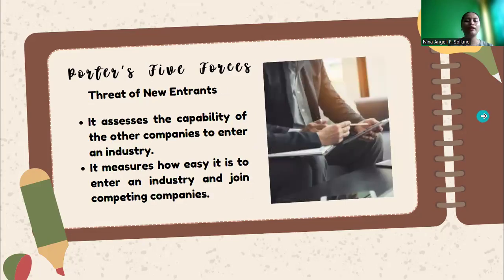Next, threat of new entrants assesses the capability of other companies to enter the industry. It could also give the chance to another company to compete, so having connections matters as well.